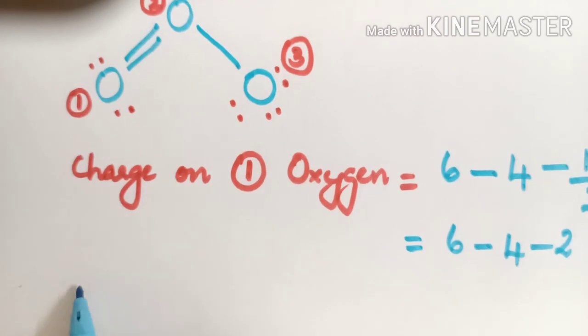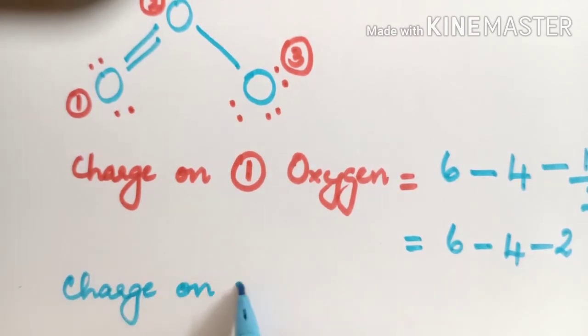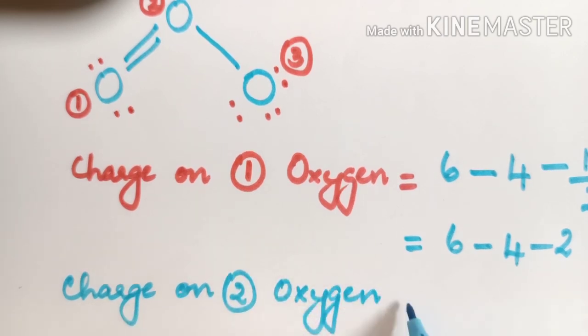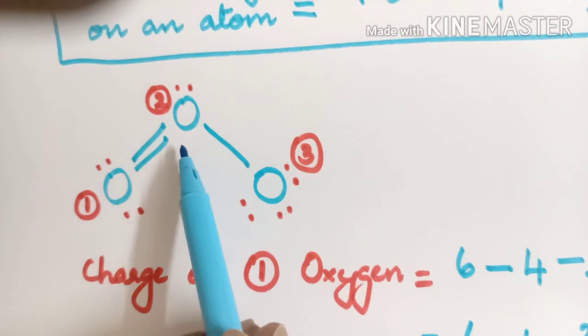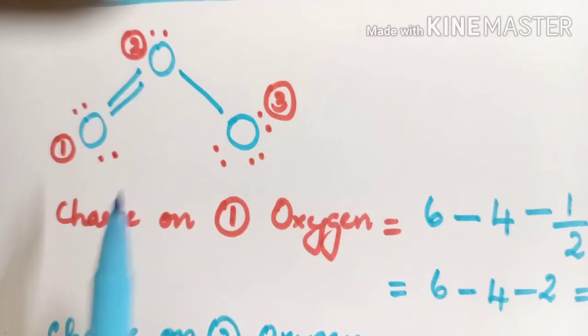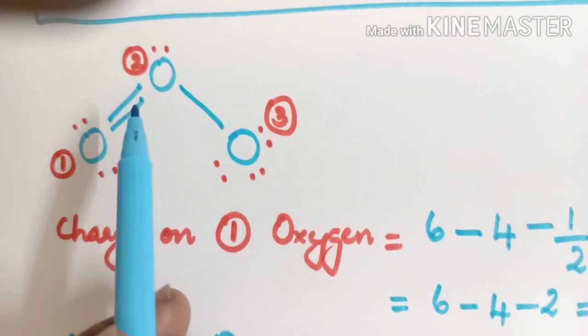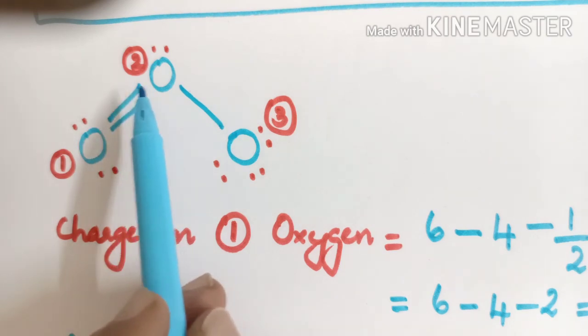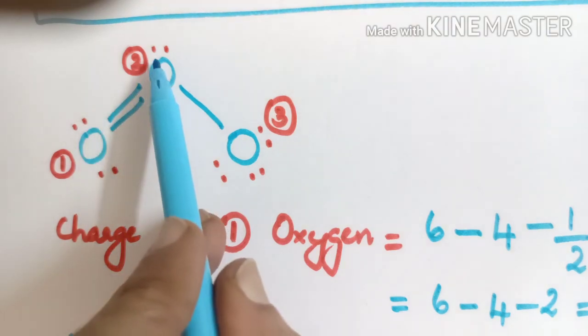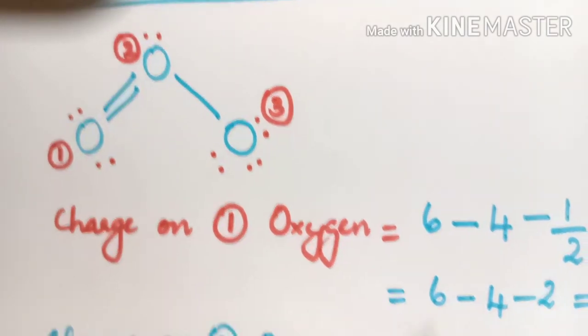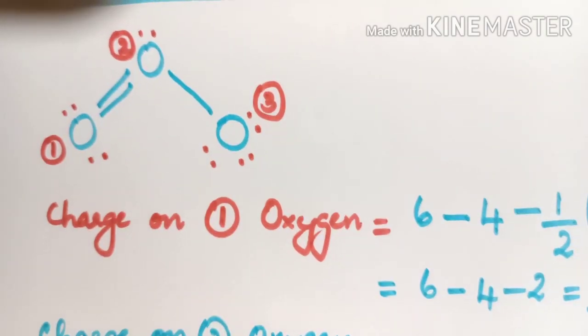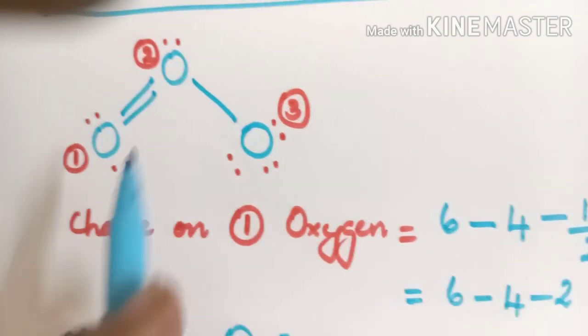Now, what will be the charge on the second oxygen, that is the middle oxygen? We'll just check. The element is oxygen, and oxygen's valence electrons are 6. How many lone pairs are there? Only one lone pair, that means 2 electrons, minus half of, how many bond pairs?